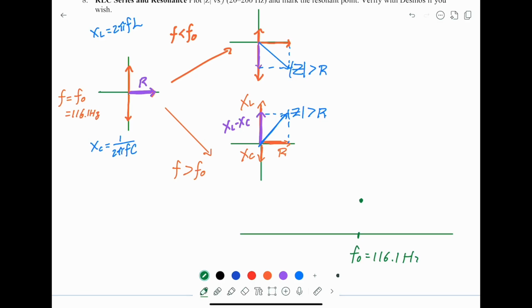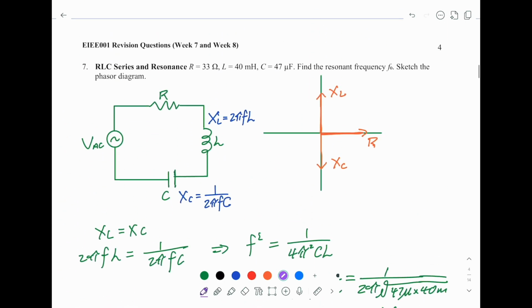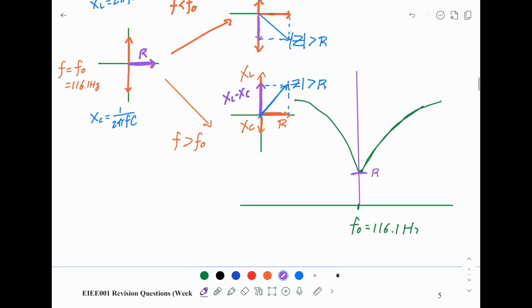So roughly, we don't know exactly the shape, but it will be like this. This value is R, and in our case, if you look here, this is 33 ohm. This is the minimum at the resonant frequency.